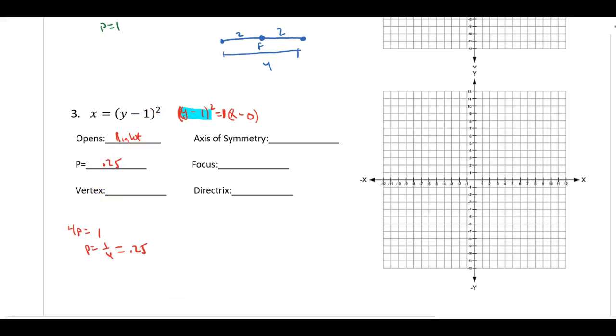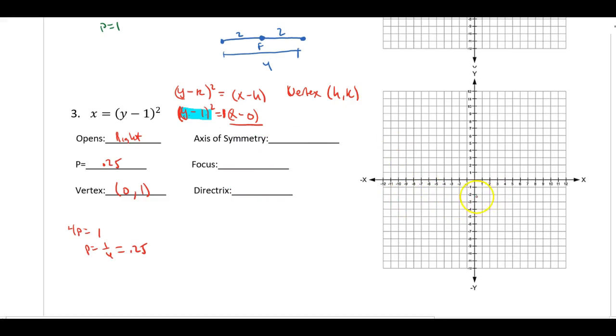But now my vertex here, remember my x-coordinate is going to be 0. My y-coordinate is going to be 1. Remember, this is y minus k all squared equals x minus h, and my vertex is always at h, k.